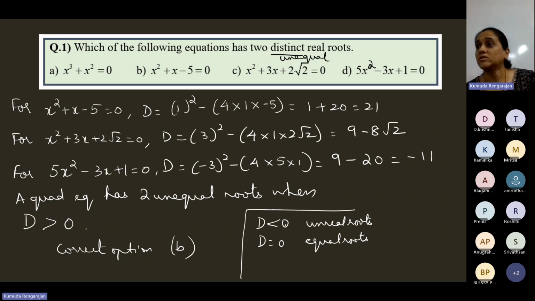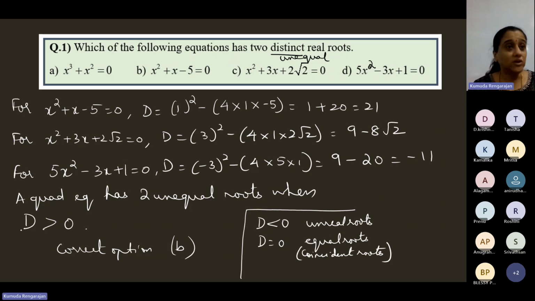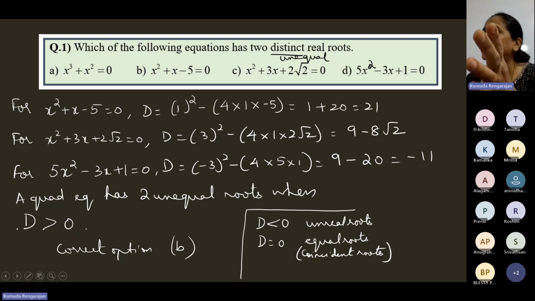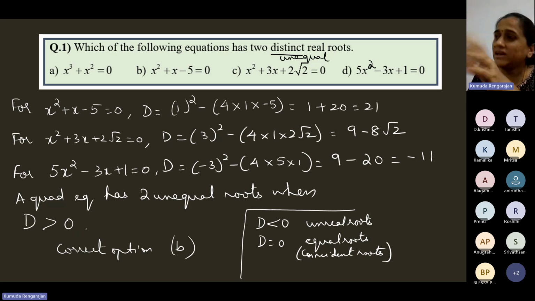Coincident roots. Equal roots, coincident roots mean the same. Unequal roots, distinct roots mean the same. When we say a quadratic equation has unequal roots, it is real only. Don't worry about the word real. Unequal itself means real unequal.